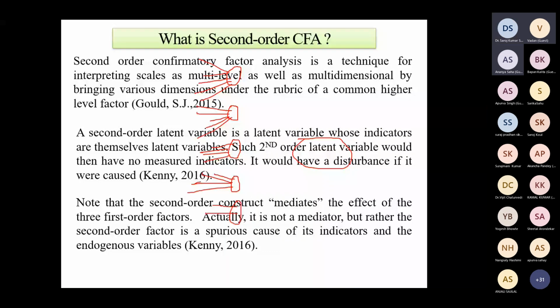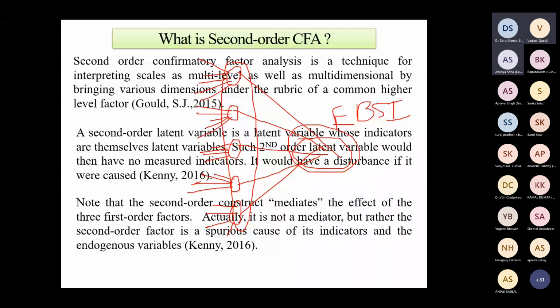So these 5 constructs are the first order CFA, and ultimately they are forming the effectiveness of buyer-seller interaction. So another latent variable or construct has been built up. This is what is called second order CFA.